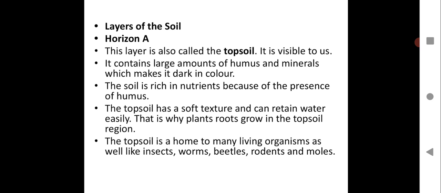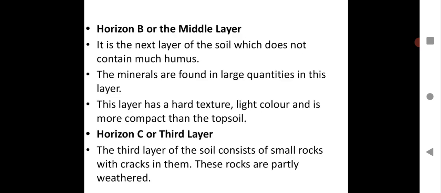The topsoil is a home to many living organisms as well, like insects, worms, beetles, rodents and moles. So these are some of the organisms which can thrive and live in the topsoil. So this is the horizon A, and that is also called topsoil. Please make a note of all this and then we'll go for horizon B or the middle layer.